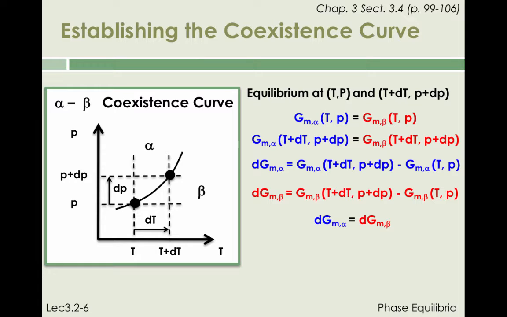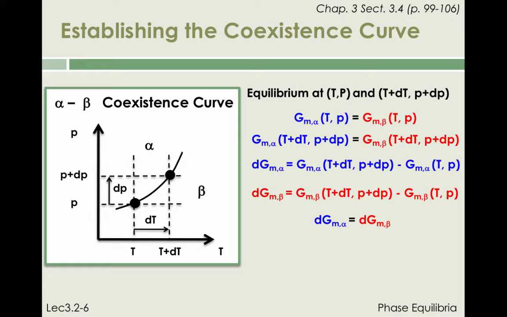Next, we recall the important result derived in a previous lecture that the molar Gibbs energy depends upon temperature and pressure according to dGm equals Vm dP minus Sm dT.